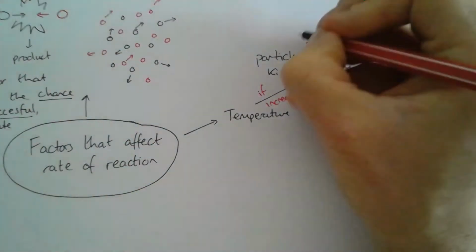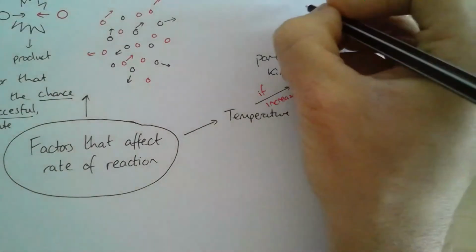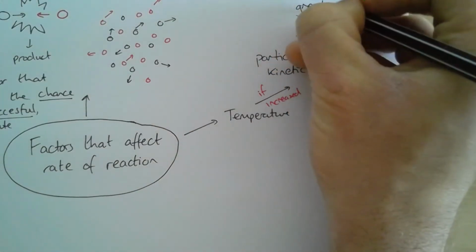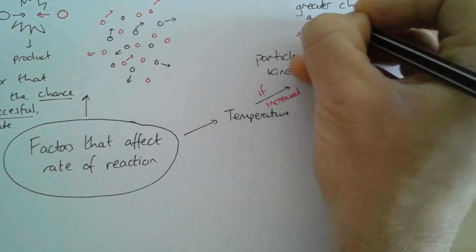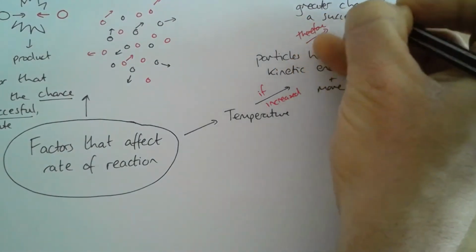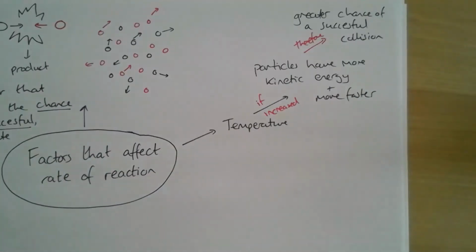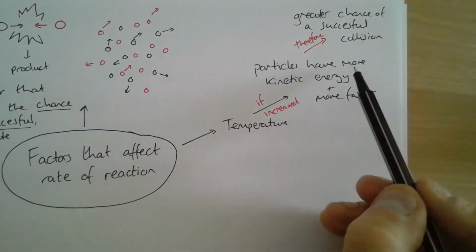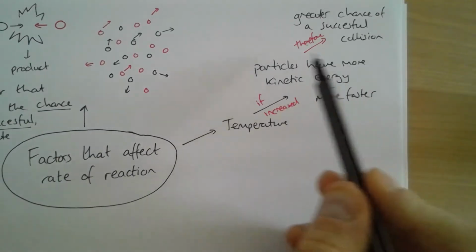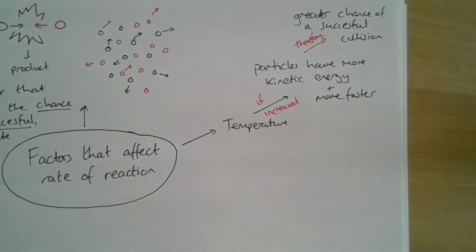So from that, therefore, there will be a greater chance of a successful collision. So temperature is our first factor. If that's increased, then our particles have more kinetic energy and they move faster, and therefore there is a greater chance of a successful collision.